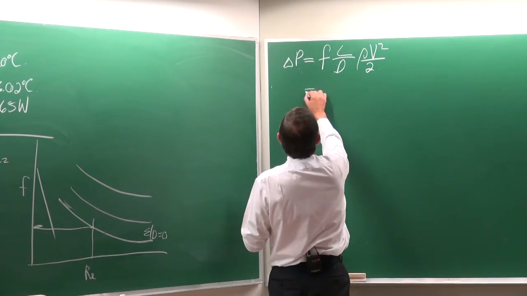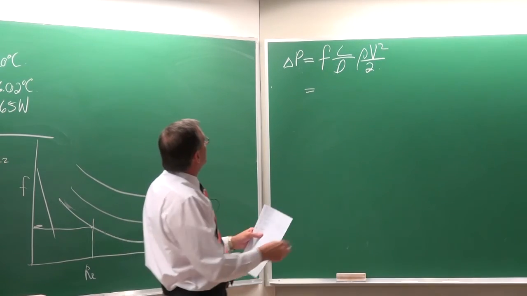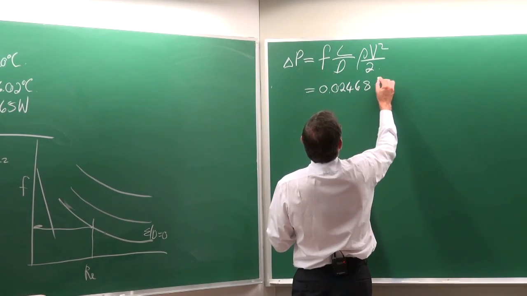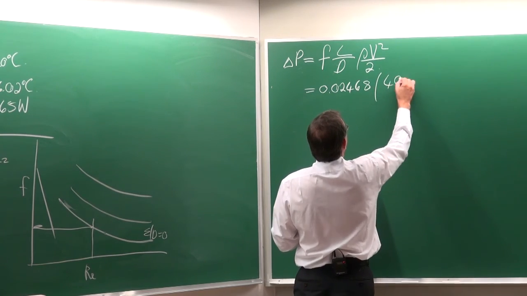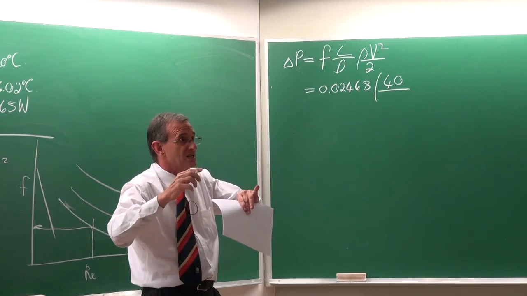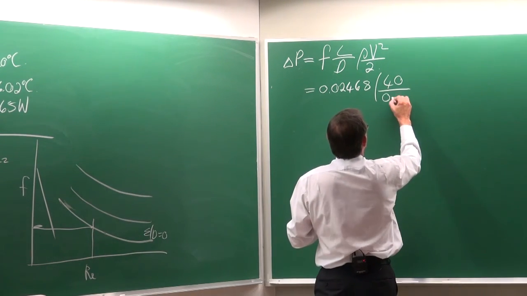And the friction factor, here it is, 0.02468. Let's put it in: 0.02468. The length of the tube is 40. The diameter, or the characteristic length, we use the hydraulic diameter, 0.3.